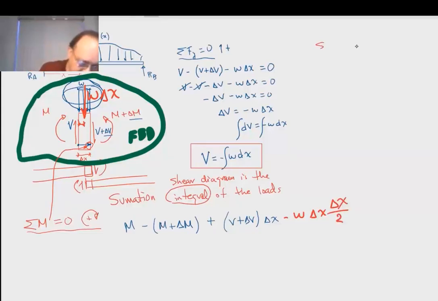I am assuming that the load is a rectangular distribution because the piece of beam that I am analyzing is so little that the change in load is negligible. So I can consider that load like a rectangular distributed load, and say that the center of gravity of that little load is in the middle. That's why I use delta X over 2 for the lever arm of the force W delta X.